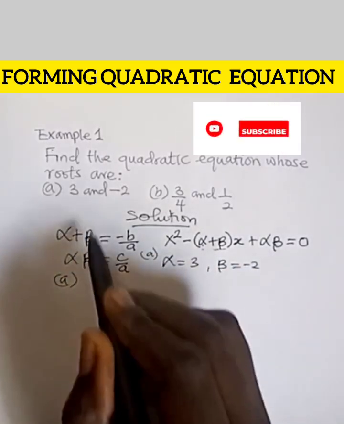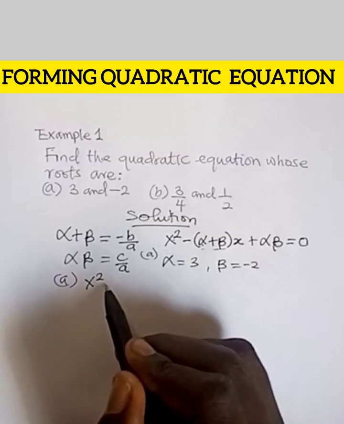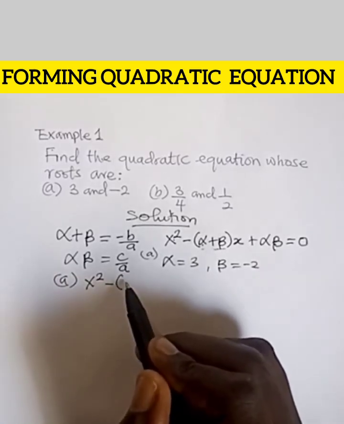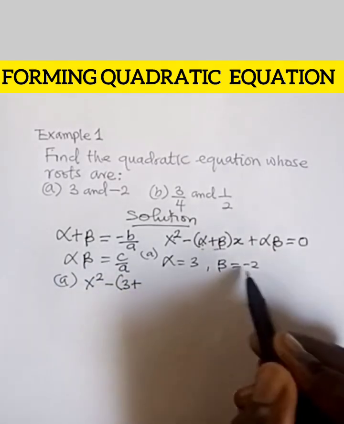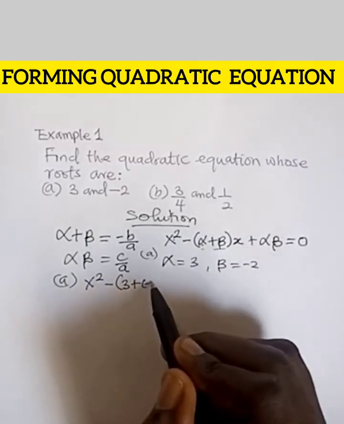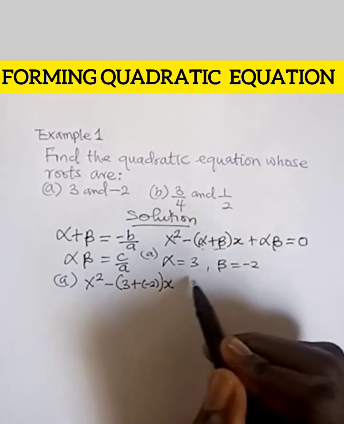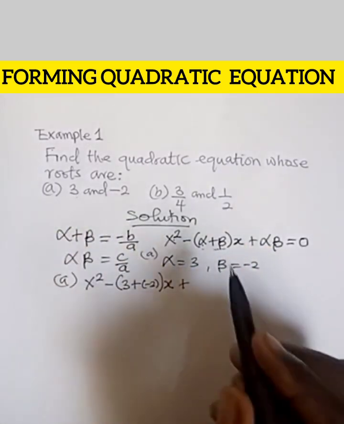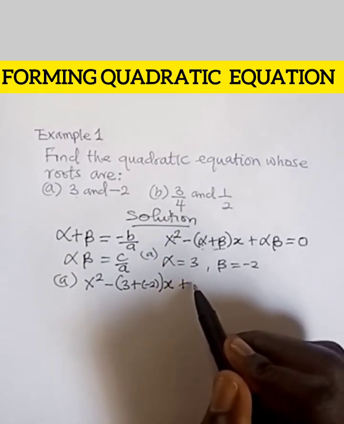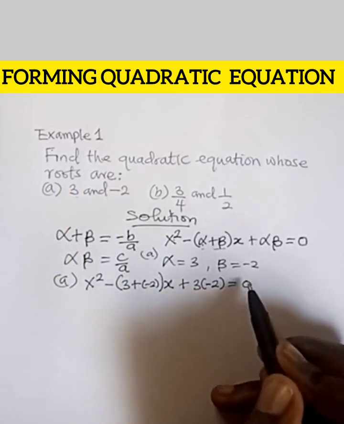We keep x squared minus (3 plus, then beta is minus 2, so minus 2, then we close the bracket) keep your variable x, plus alpha beta, which means I multiply the two values, so it's going to be 3 multiplied by minus 2, equal to 0.